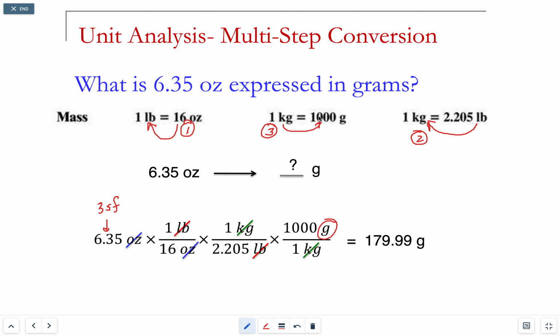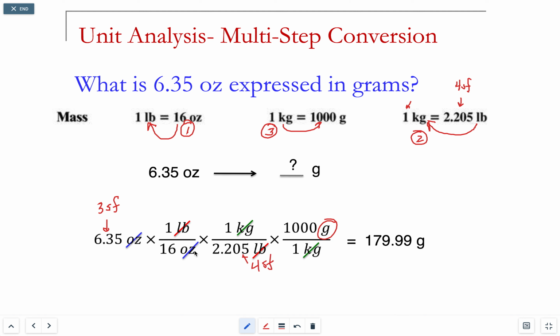In 1 kilogram, there are exactly 1,000 grams. We don't worry about significant figures in this relationship either. This number is exact. This is 1 kilogram. Here we have 4 significant figures. So we have 3 significant figures here. Here we have 4.